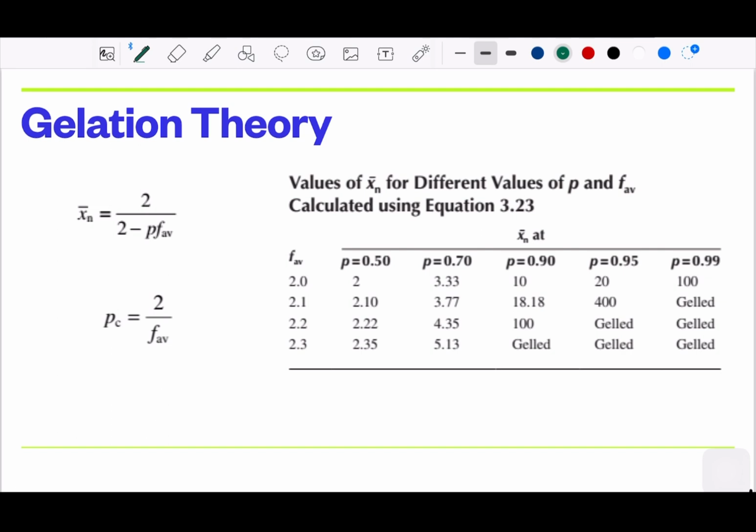So we call that the P critical, PC. If we take this into our equations, we can make our polymer yields as high as possible, so we can polymerize our monomers more, with high results.